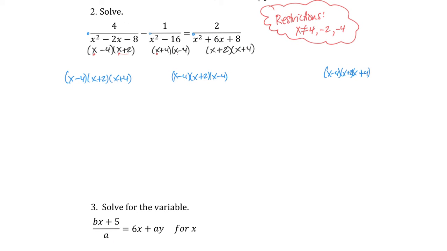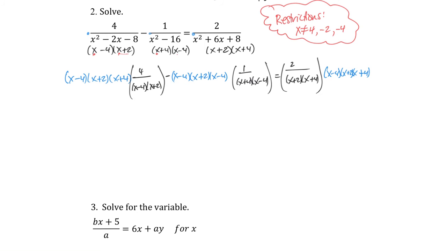Okay, so we're going to multiply it times the first fraction, the second fraction, and the other side of the equation, so x plus 2, x plus 4.